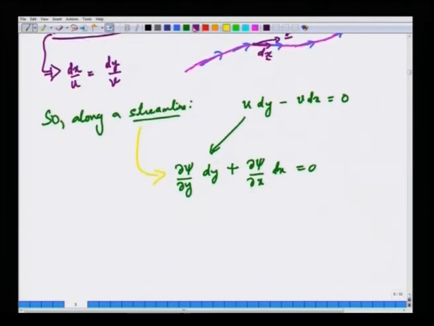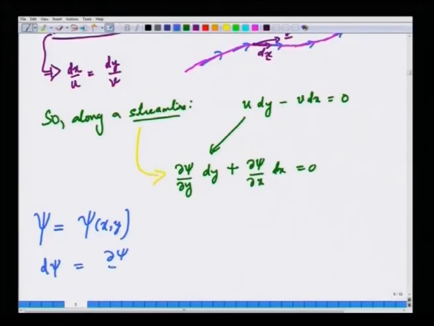Now, if you know a little bit of calculus, you will realize that if psi is a function of two variables x and y, then a small variation in psi that occurs because of small variations in x and y can be written as partial psi by partial x at constant y times dx plus partial psi by partial y at constant x times dy.